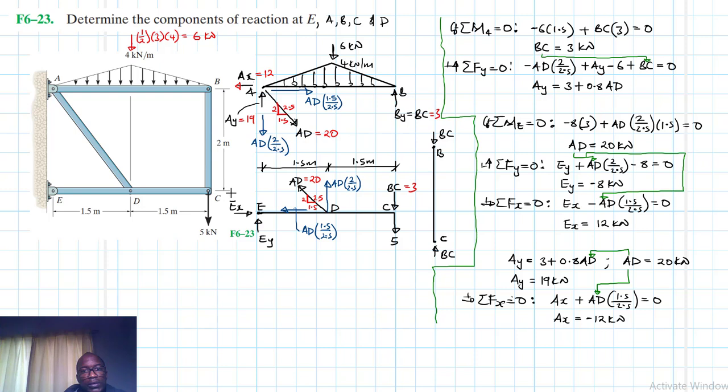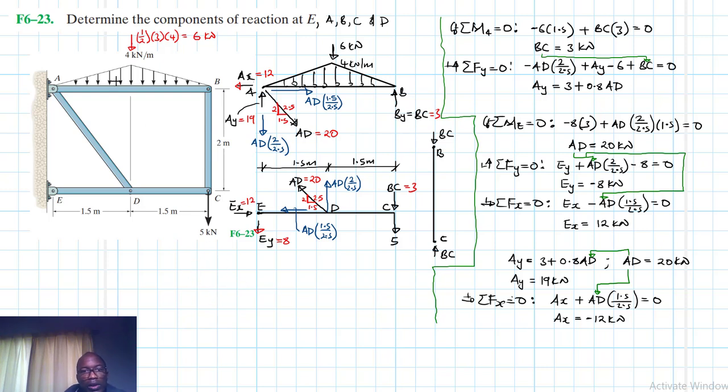Okay. And then EY direction changes, it is going to be facing downwards and is equal to 8. EX direction is okay and is equal to 12.